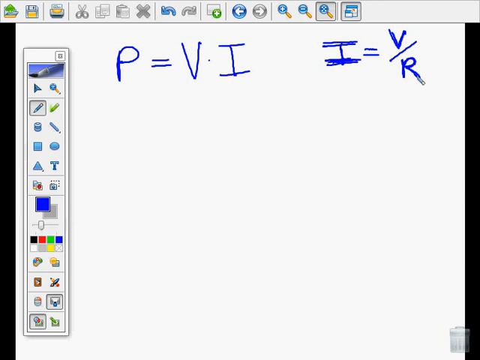But maybe someone could step up and combine these two and give me another version, another power formula, if you combine those. Can anyone give me another version? Mike? Power equals I squared times R. That's another one.